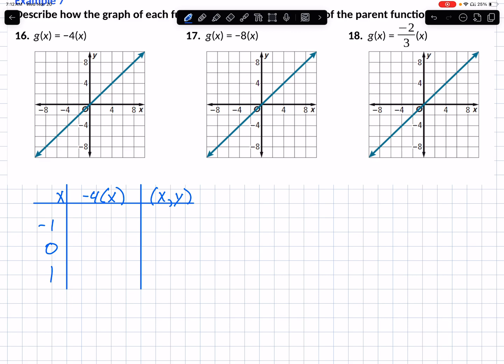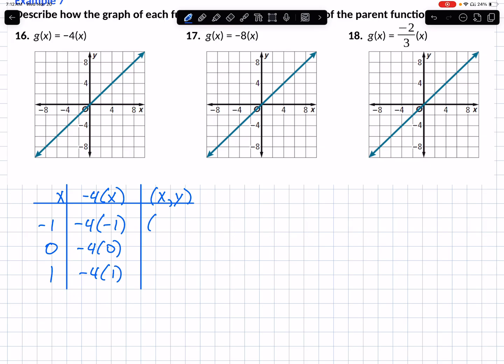And we're going to go ahead and plug those in for the x right here. So we have -4 times -1. Our answer is going to be this y value right here. So we take -4 times 0, and then we take -4 times 1.